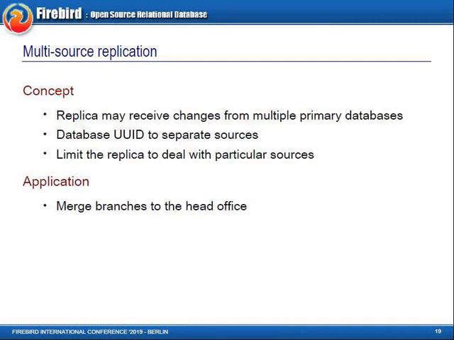So architecturally it's supported, it's just that Firebird 4 does not yet support it at the configuration level. So far we allow only one log source directory setting and one unique identifier to filter the streams. But in the future there will be multiple sources allowed. It's just a configuration change.